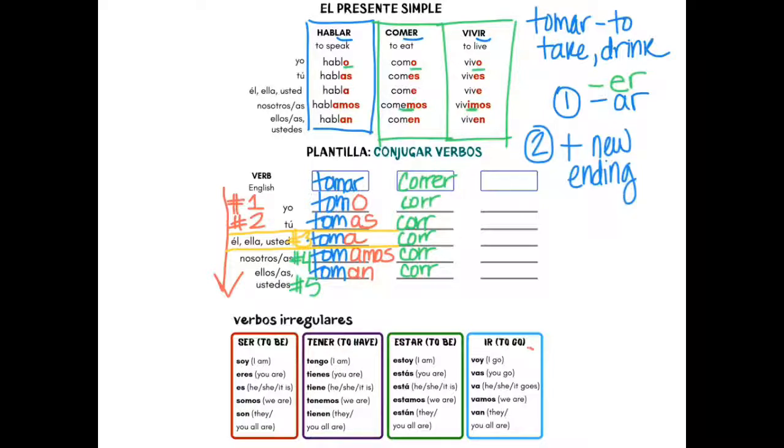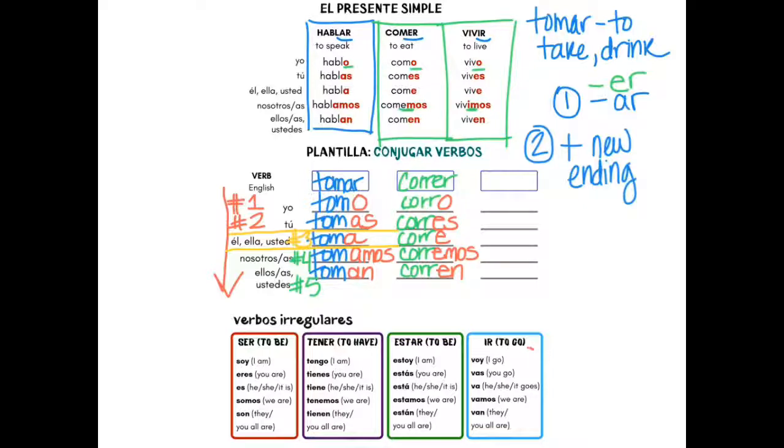So I'm going to write in my new forms. Corro, I run. Corres, you run. Corre, corremos, corren. And there I have it. Now I have 5 more things that I can say.